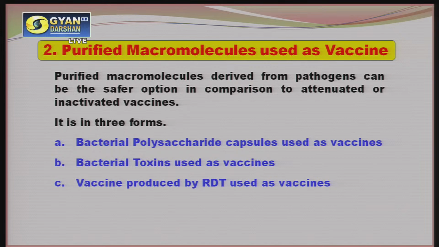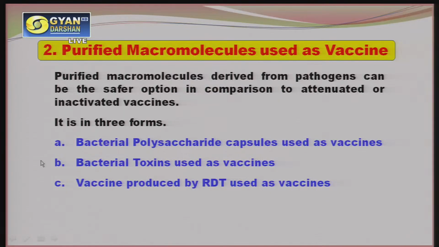Purified macromolecules derived from a pathogen can be a safer option in comparison to attenuated or inactivated vaccines. Basically, it is very safe compared to using the whole organism as a pathogen. So here we can utilize the purified macromolecule as a vaccine.